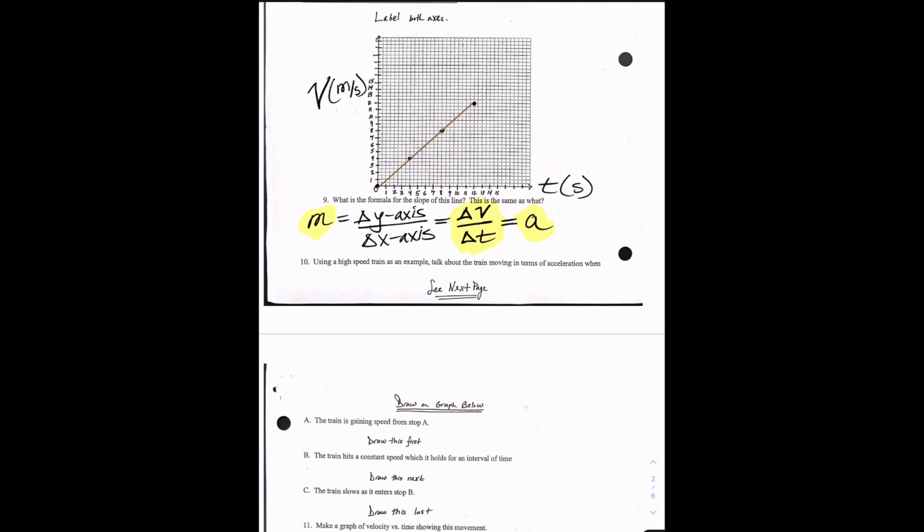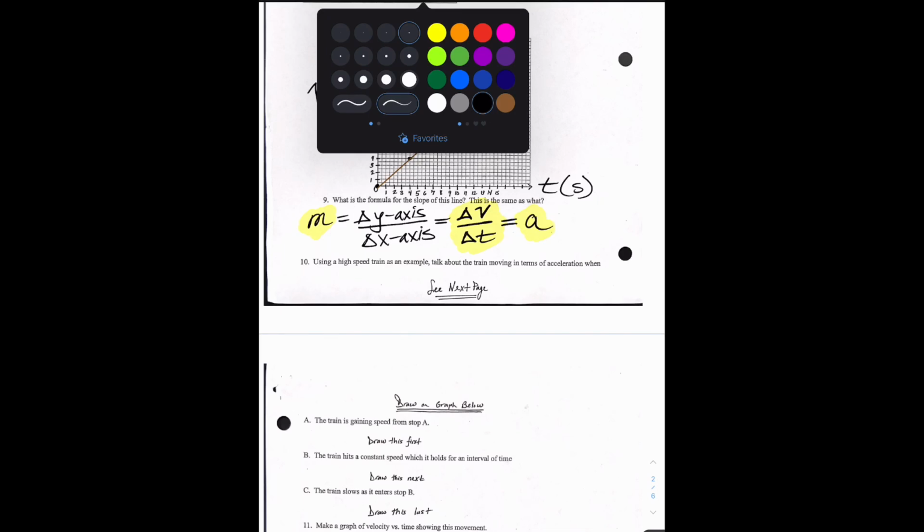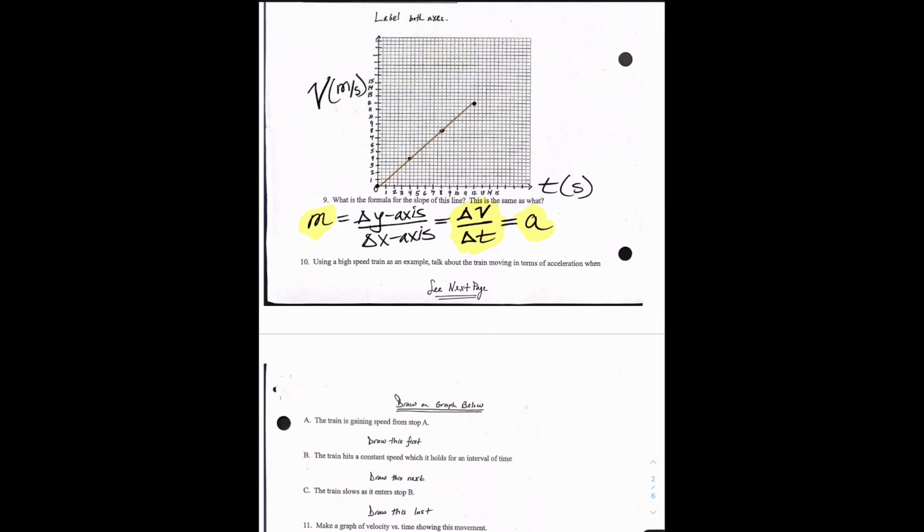And if you ever don't know, if you're like, oh, I can't keep it straight, how do I know? Well, just write the formula for the slope and then look at what it is. If you write it down and you're like, oh, it's delta V over delta T, that looks familiar, that's acceleration, right?